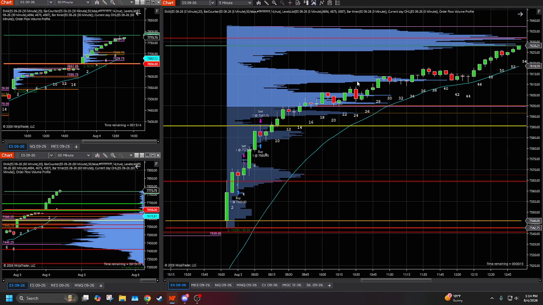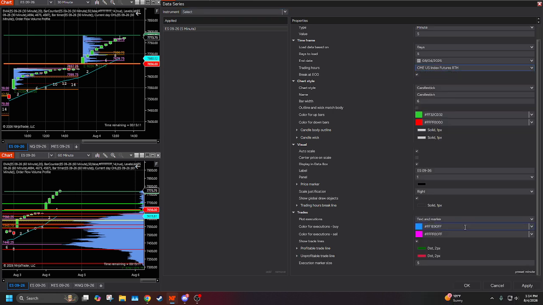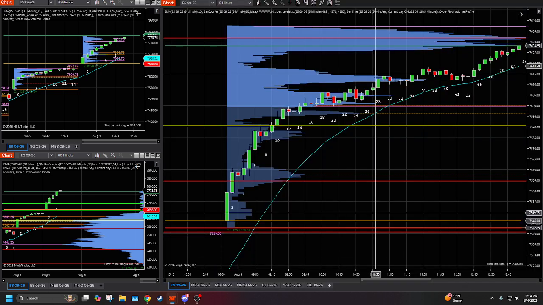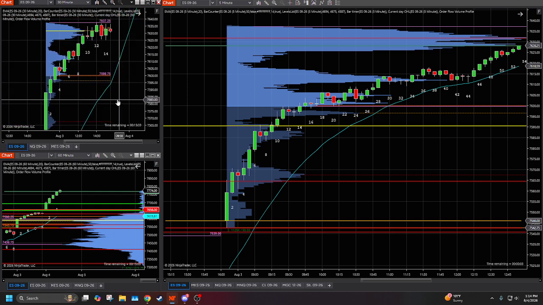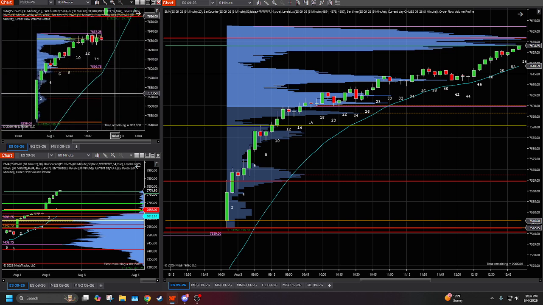Second clue, I'm going to take off my plots here, is your 30-minute chart. So if you take a look at this 30-minute chart, if you're at all familiar with a TPO chart. If not, I won't explain a TPO chart.